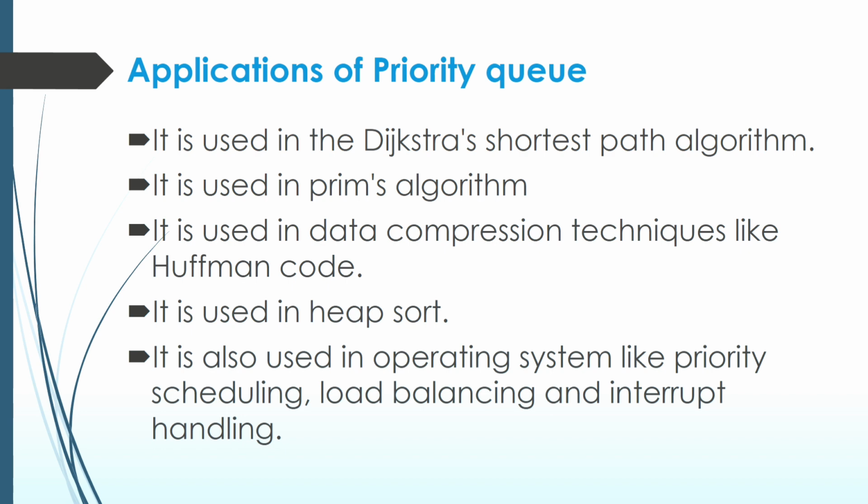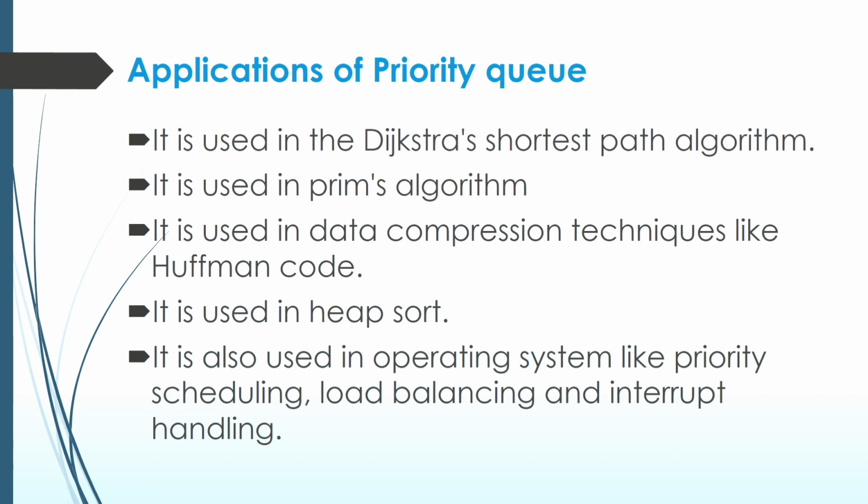Now, coming to the application part, we can say that there are some basic applications of priority queue operations. For example, the first application is that it is used in Dijkstra's shortest path algorithm.